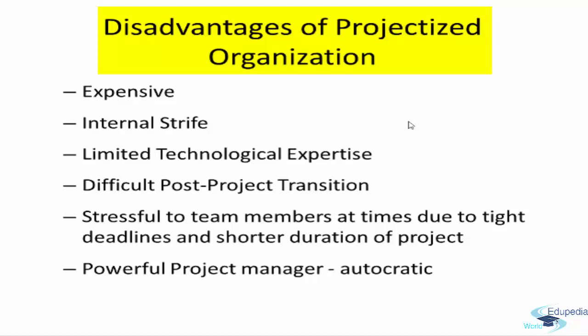Also, you may have some 15 to 20% of freshers. It could be a right mix of people, because only then can you make the project less expensive, with 20 to 30% freshers and another 20 to 30% up to 3 years of experience. So if you bring in all these people, then you have limited technological expertise in the team.